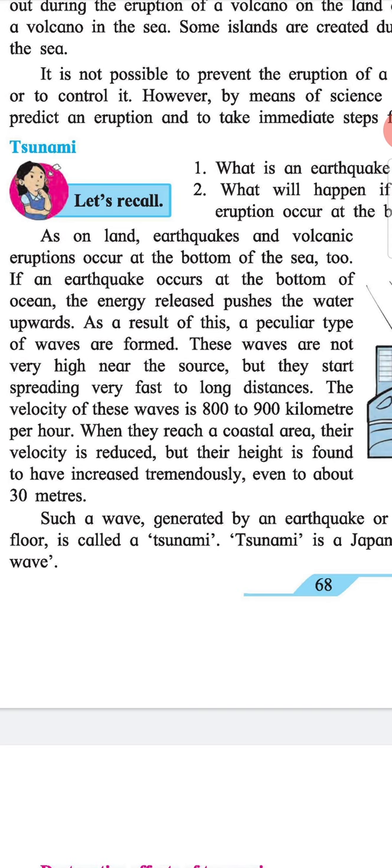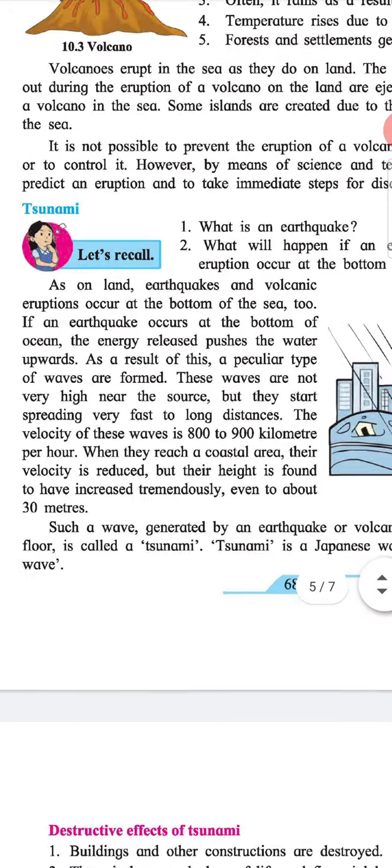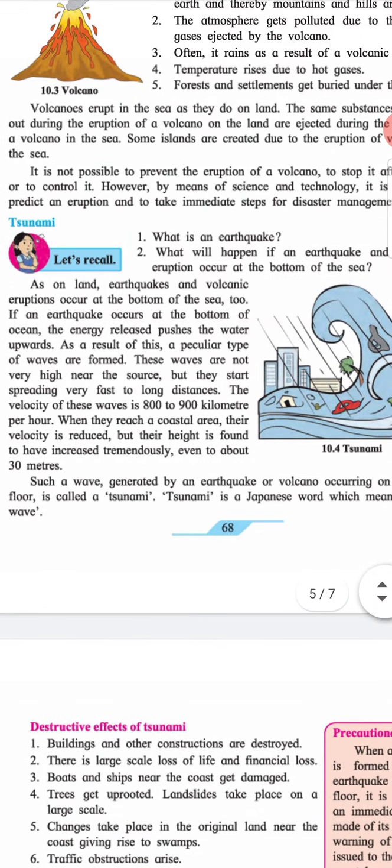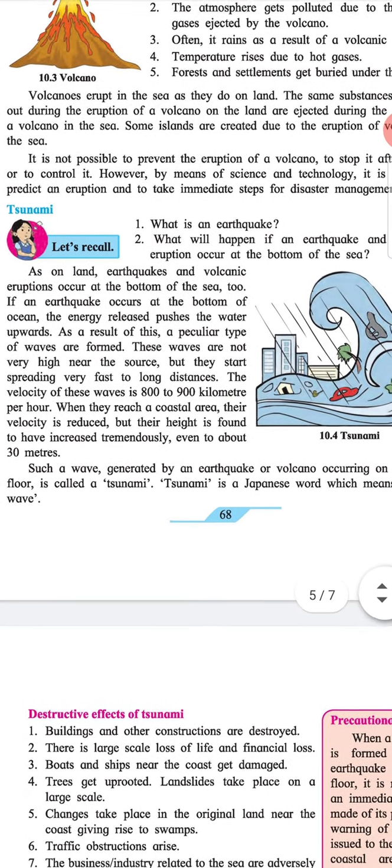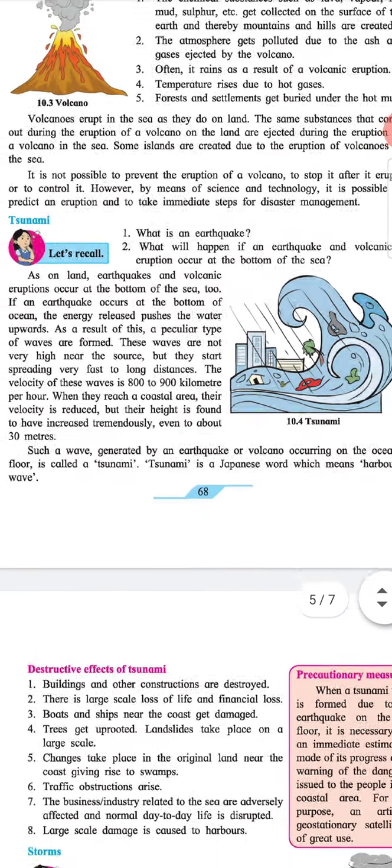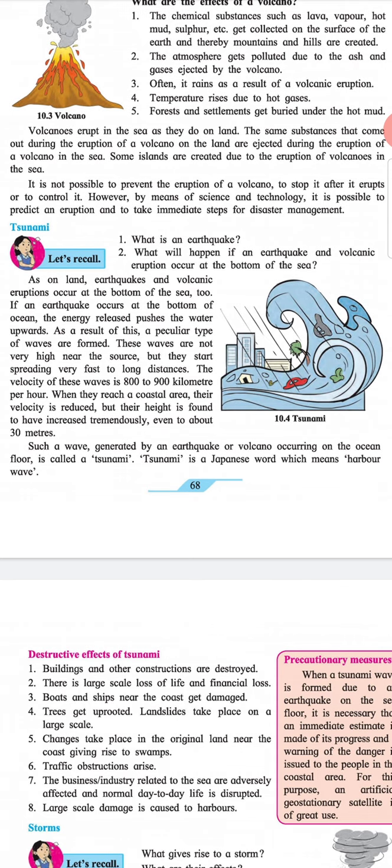When they reach a coastal area, their velocity is reduced, but their height is found to have increased tremendously, even to about 30 meters. Such a wave generated by an earthquake or volcano occurring on the ocean floor is called a tsunami. Tsunami is a Japanese word which means harbor waves.